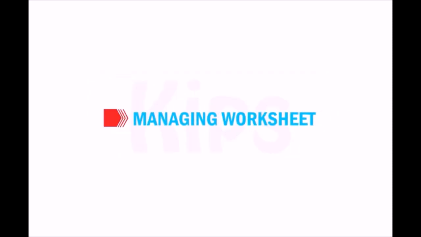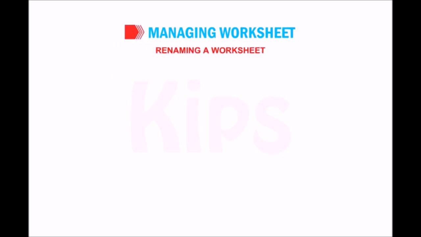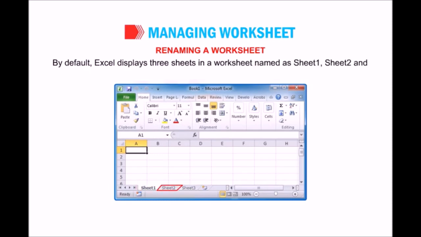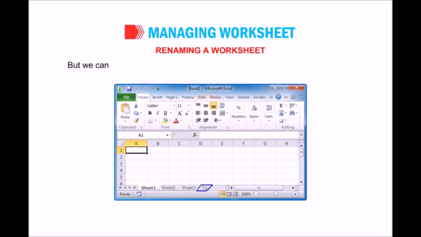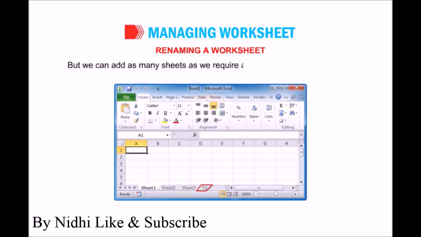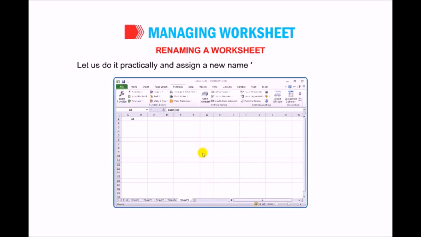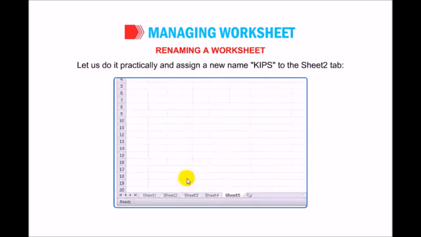Right students, let us now understand how to manage a worksheet. Renaming a worksheet. By default, Excel displays 3 sheets in a workbook named Sheet 1, Sheet 2 and Sheet 3. But we can add as many sheets as we require and assign any name to them. Let us do it practically and assign a new name, KIPS, to the Sheet 2 tab.